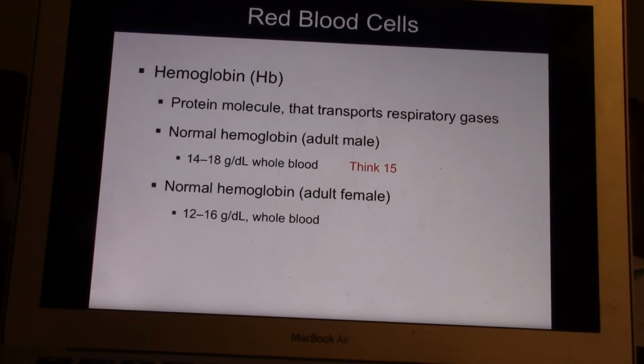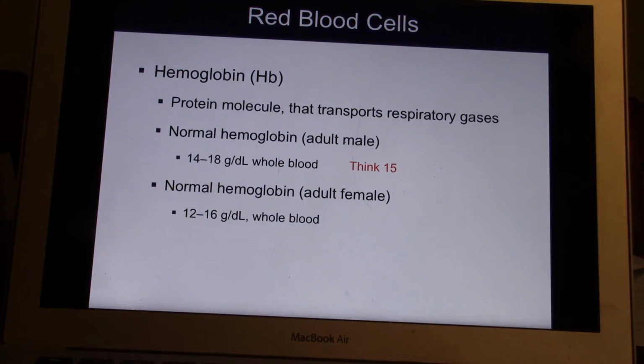So hemoglobin is obviously this big protein molecule that we've been talking about, and you can weigh the hemoglobin in a cell. A normal hemoglobin level, once again, for an adult male is more than for a female, but we're going to use the number 15 as the normal hemoglobin level. And the units on that are very important because hemoglobin is measured in grams per deciliter.